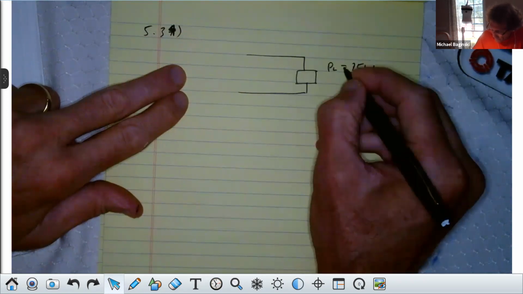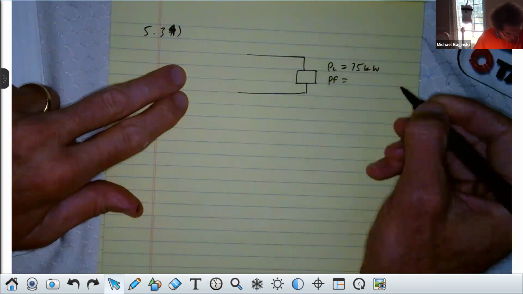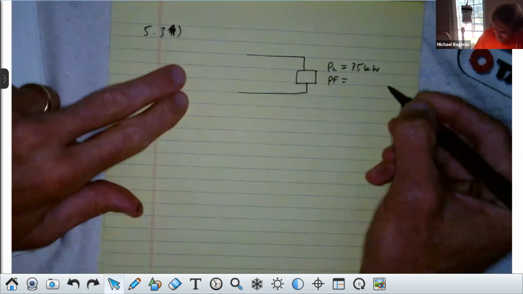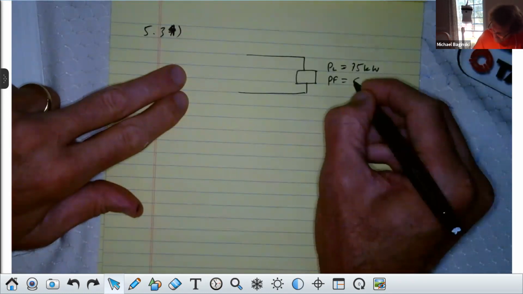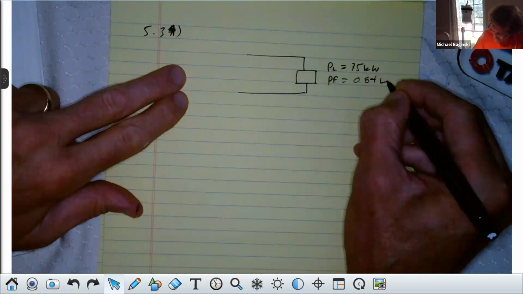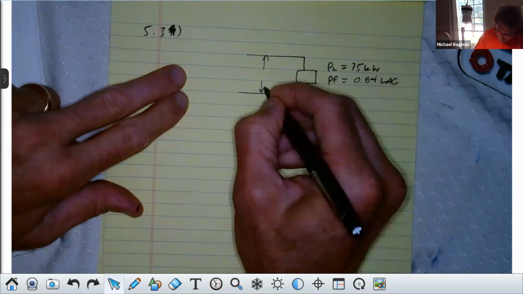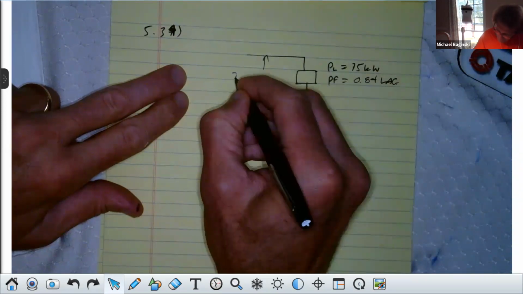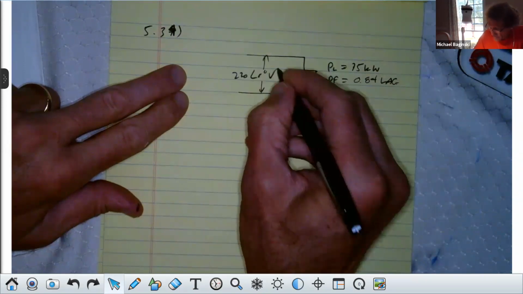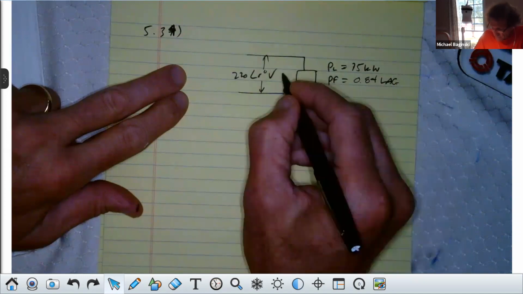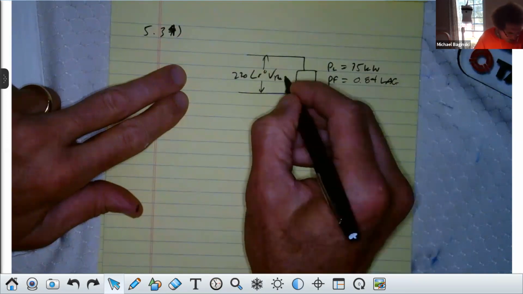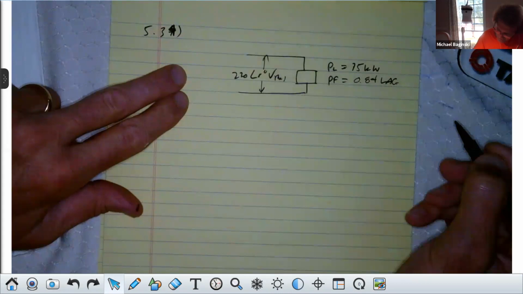I have a power factor here of 0.84 lagging. Then I have 220 volts at 0 degrees, and it's always RMS. And the frequency here is 60 hertz.